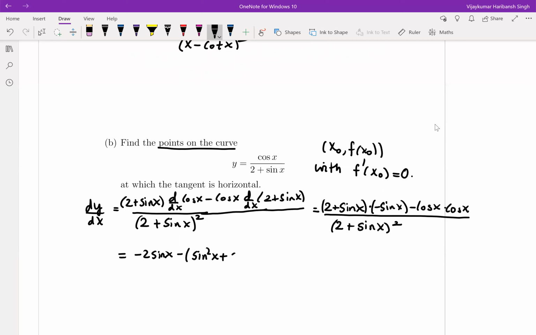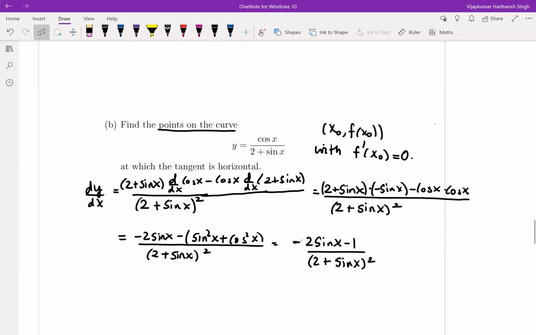So I'll take the minus sign out, I'll have sine square x plus cos square x. Sine square x plus cos square x is 1. So we get minus 2 sine x minus 1 over 2 plus sine x the whole square.